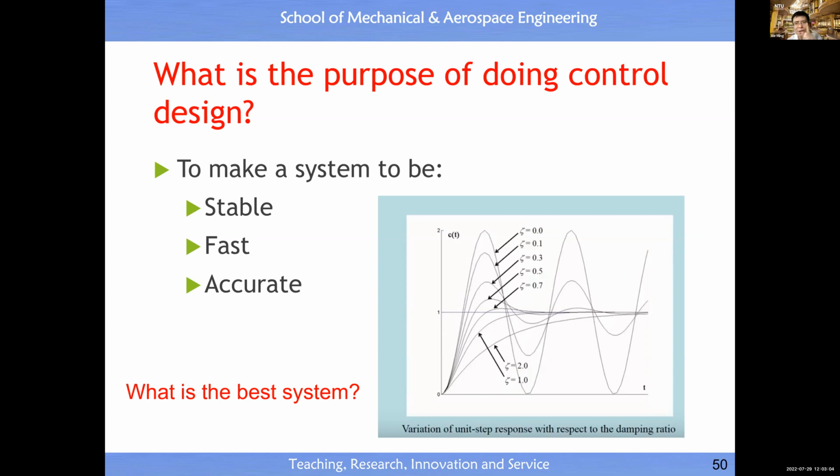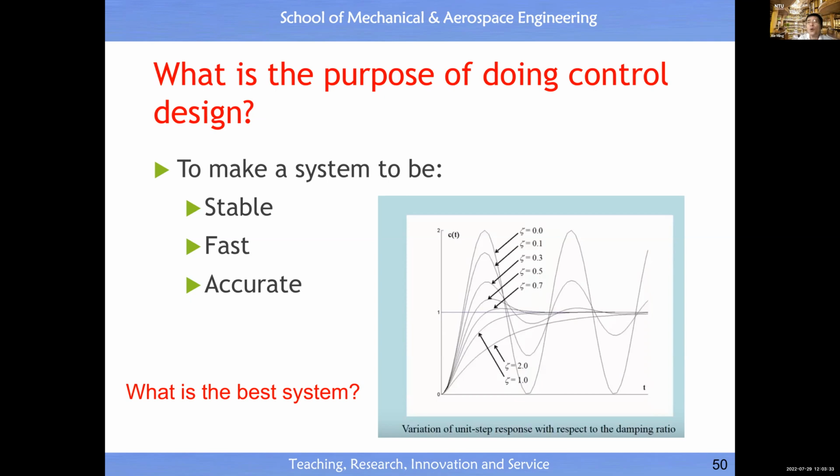That is the motivation behind the control, because we can achieve 100% stability, 100% accuracy, and a very short response time. So with the initial system, you cannot achieve this result, but with control, we add in the controller, then we can achieve this result. So this is why we need to do the control.